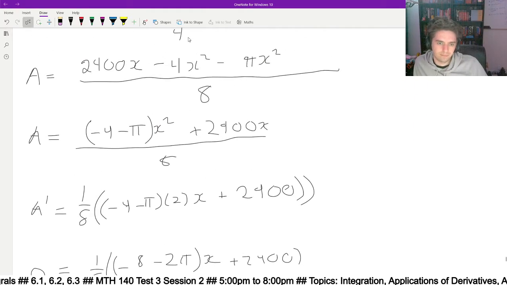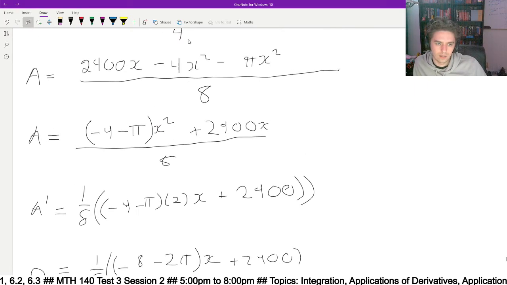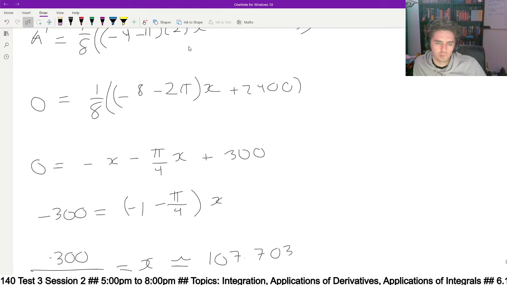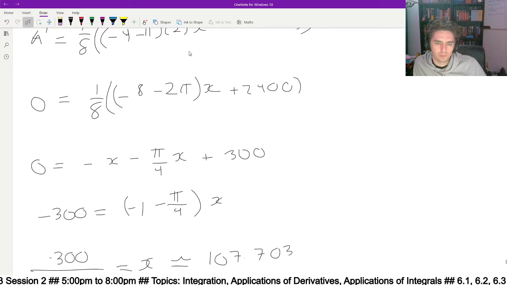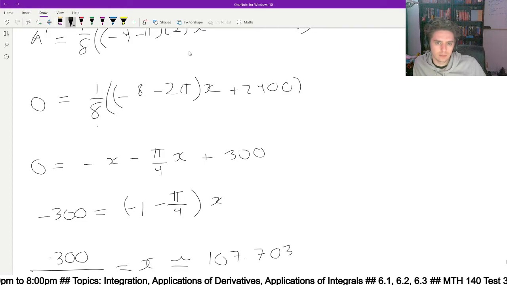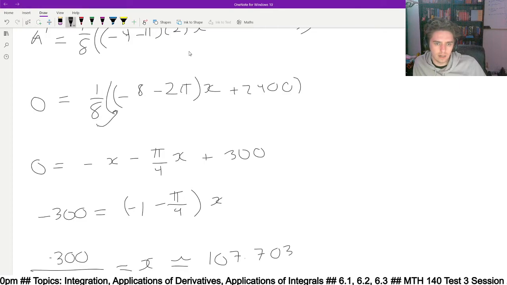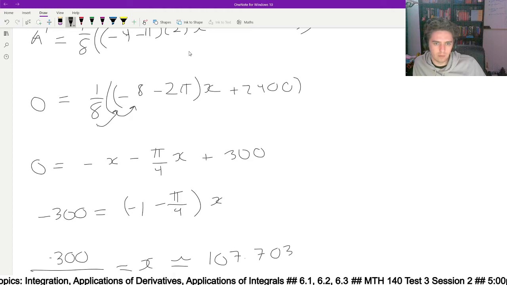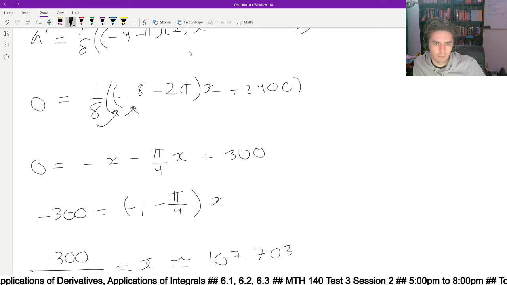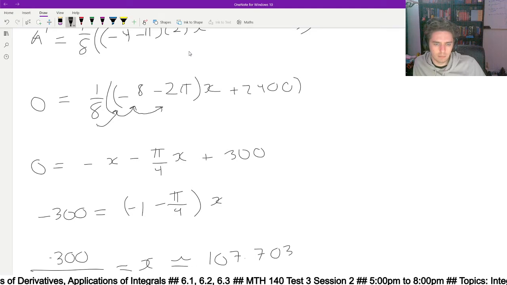Did we have to multiply the 1 over 8 into the bracket here, this one? Yeah. So I multiplied it in here and then here. So it'd become a negative 1x minus.